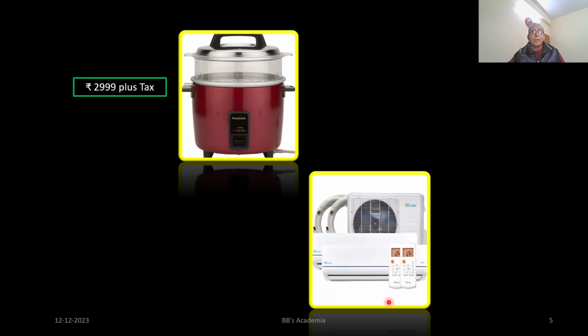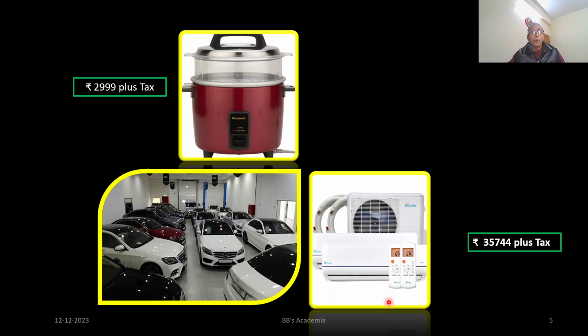If you go to purchase it, you will find a price of this kind. Similarly, if you go to purchase a car, there also you will find some price fixed for the product you are going to purchase. This amount is just a fictitious one, so you need not look into the price. You just see the price tag attached to this.